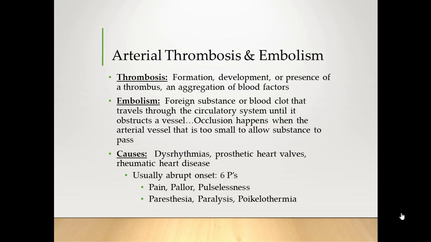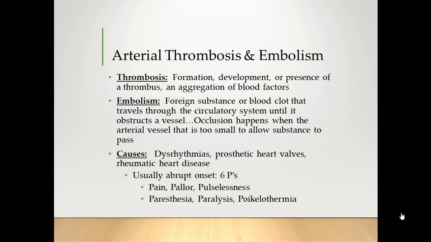All right. Arterial thrombosis and embolism. A thrombosis is the formation, development, or presence of a blood clot in an area. Now, when that thrombosis, that blood clot, breaks loose and travels, it has now become an embolism. Eventually, it will get into a vessel that is too small, and it will cause an obstruction.